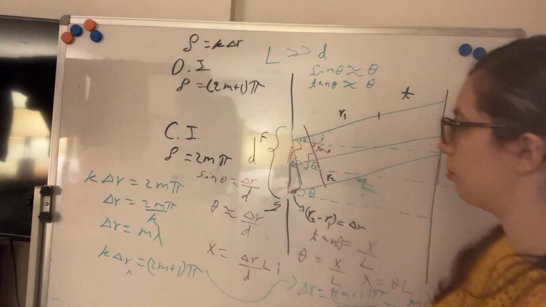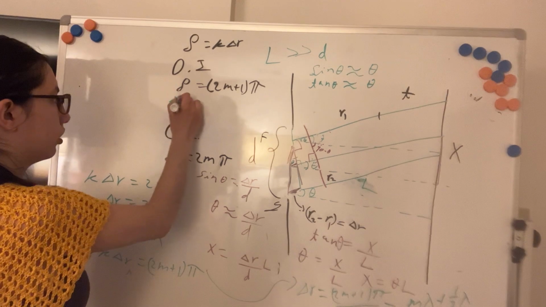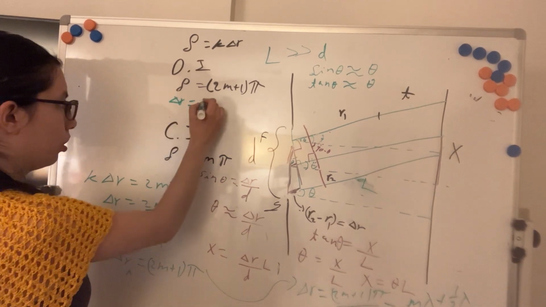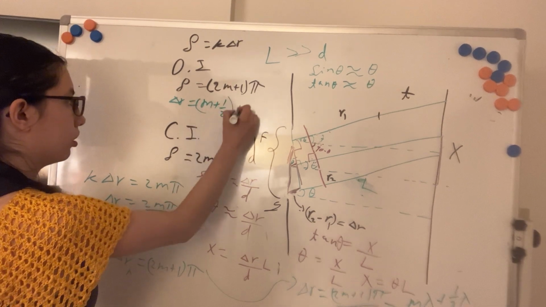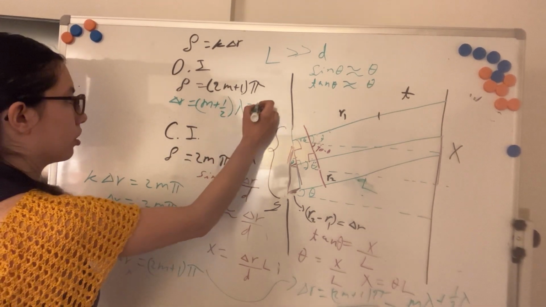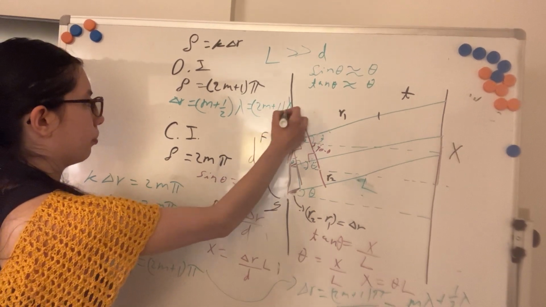So for destructive interference, delta R is equal to (m plus 1/2) lambda, or you can also put it as (2m plus 1) lambda divided by 2.